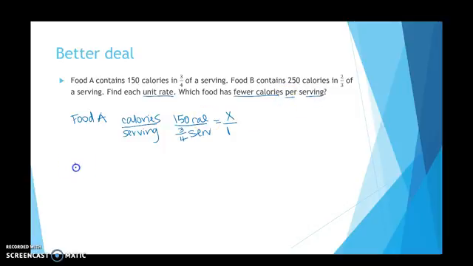And then let's just go ahead and set up food B. So food B, same word ratio, but they have 250 calories in 2/3 of a serving. So how many in one?